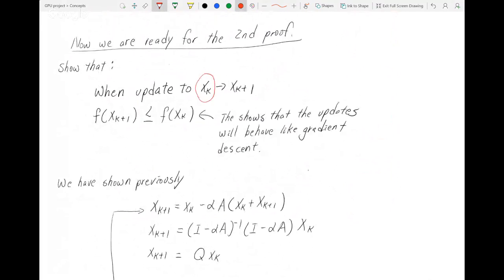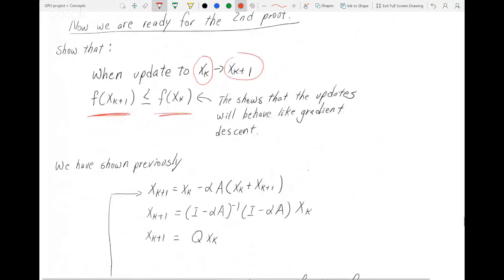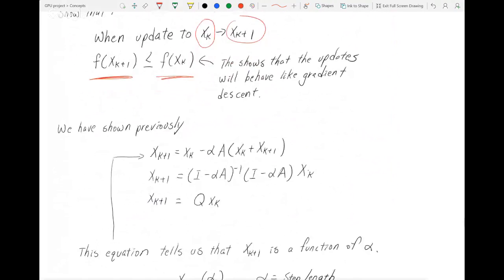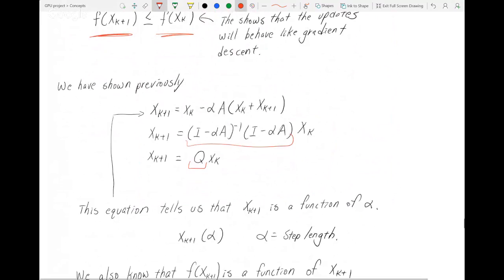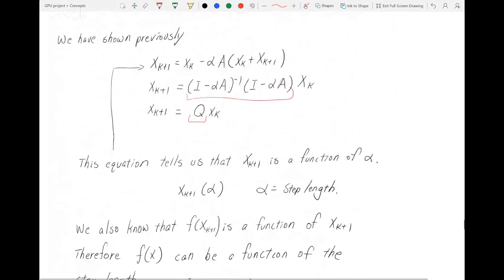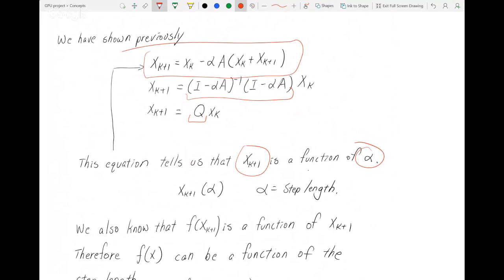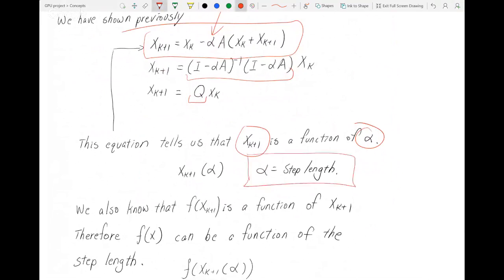We're saying that when we do an update from k to k plus 1, we want the new location to be less than the previous one. So it's going downward. We have shown previously this relationship, right? Essentially, that turns into some Q matrix. This equation tells us that xk plus 1 is a function of alpha. Obviously, alpha is here. And where, if I must remind you, alpha is the step length.